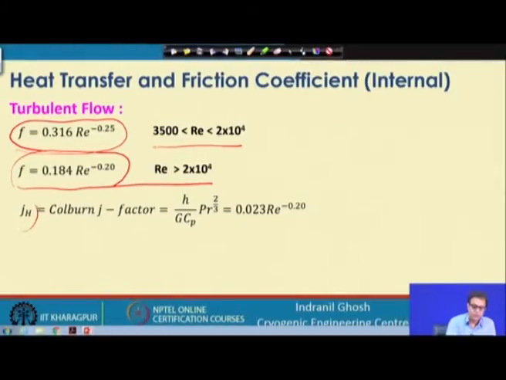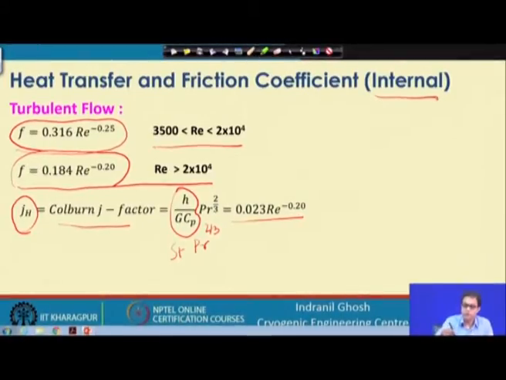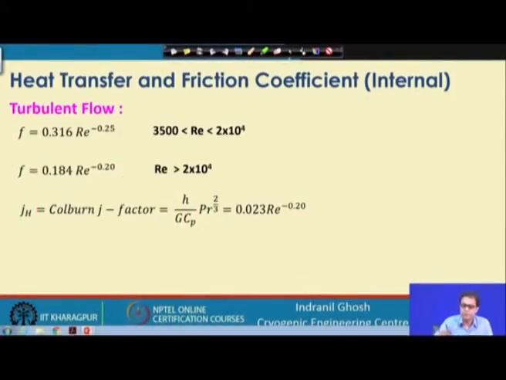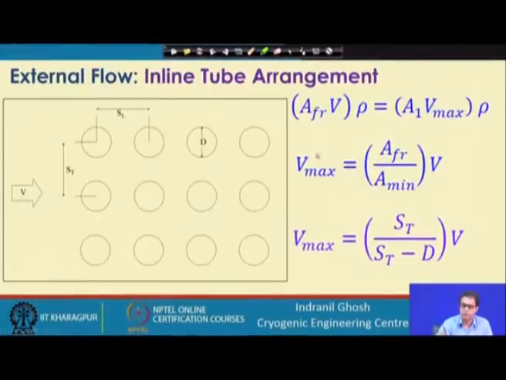We have also told that the Colburn j factor, which is nothing but the Stanton number into Prandtl number to the power 2/3, is equal to this relation, and this is valid for turbulent internal flow through a circular tube.